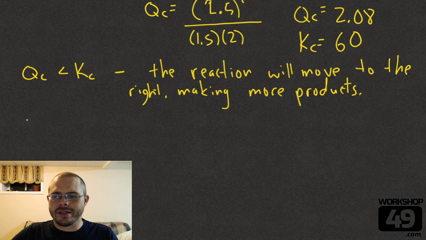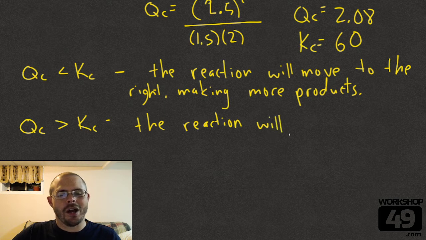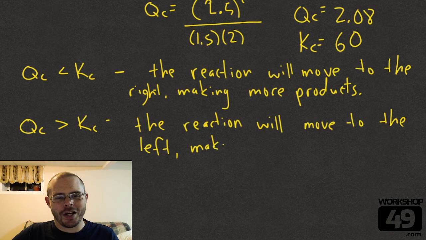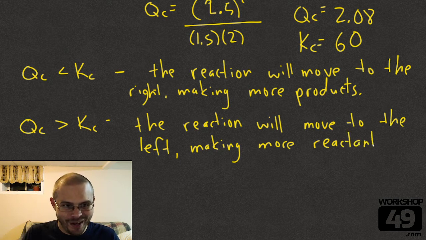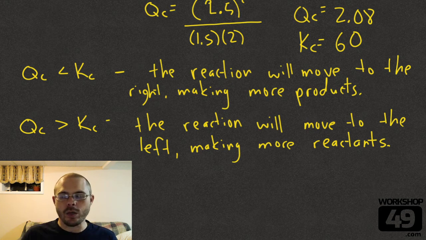The alternative is that if Qc is greater than Kc, you've got this figured out, you know where this is going to go: the reaction will move to the left, making more reactants. Now there is a possibility, hear me out, that Qc could be exactly equal to Kc.